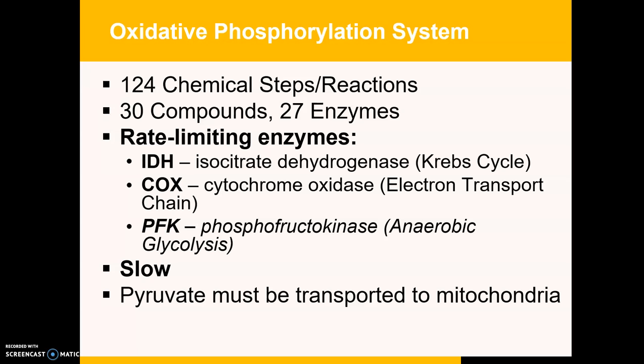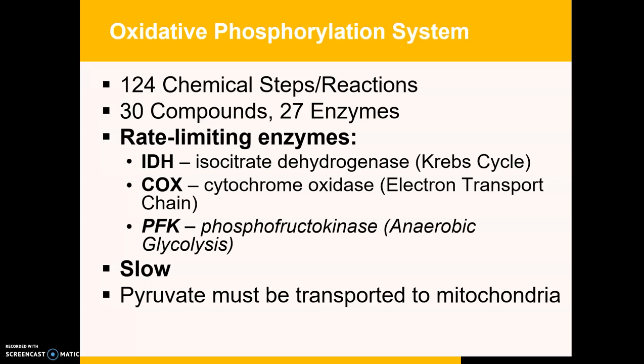Compare that to glycolysis, where the starting point is also glucose, but the process only involves, if you remember just now, 18 steps, 12 chemical compounds, and only 11 enzymes. So it is not just the number of steps, compounds or enzymes that makes aerobic metabolism very complicated.